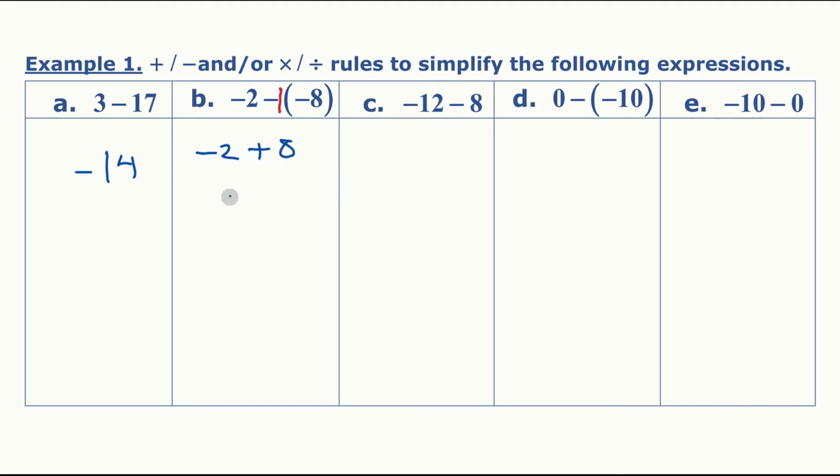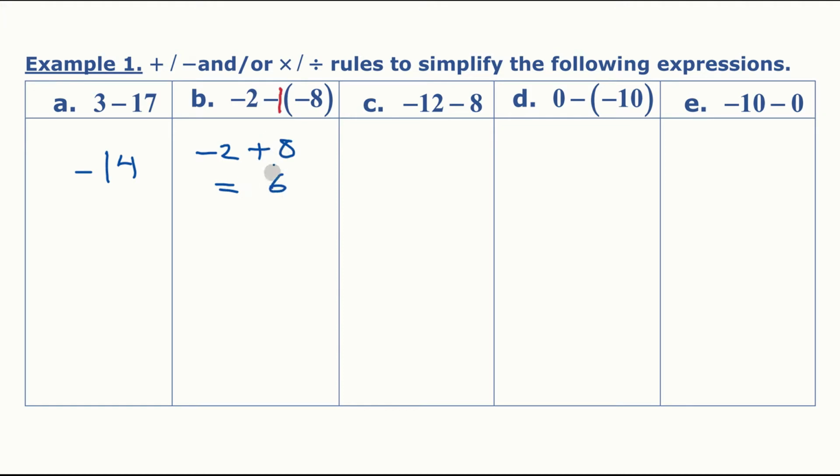plus 8. And when we do this, we're going back to these rules now, right? Combining numbers with opposite signs, we're going to take the absolute value of the number with the smaller absolute value and subtract it from the number with the larger absolute value, and we'll end up with 6.